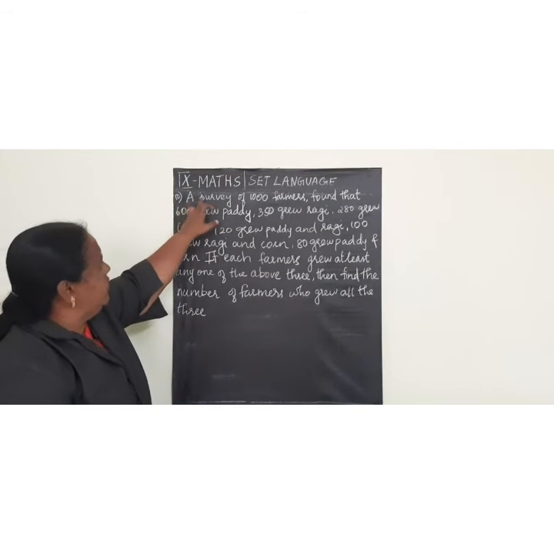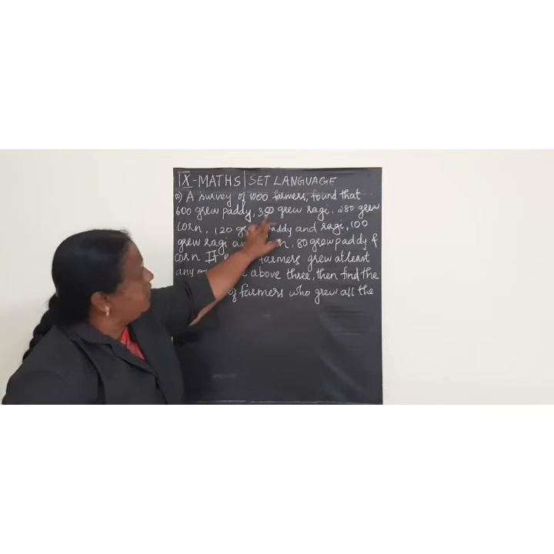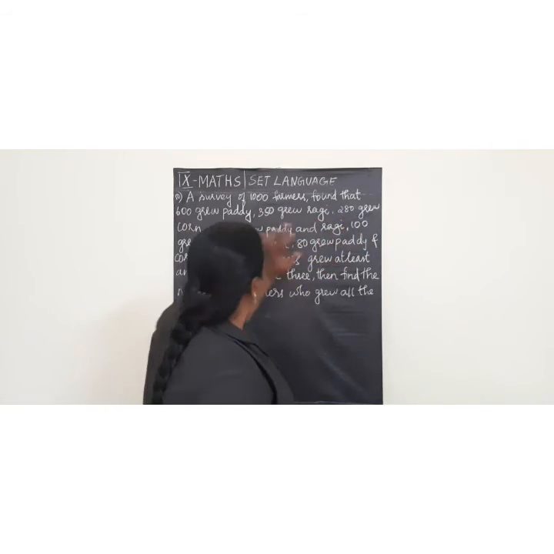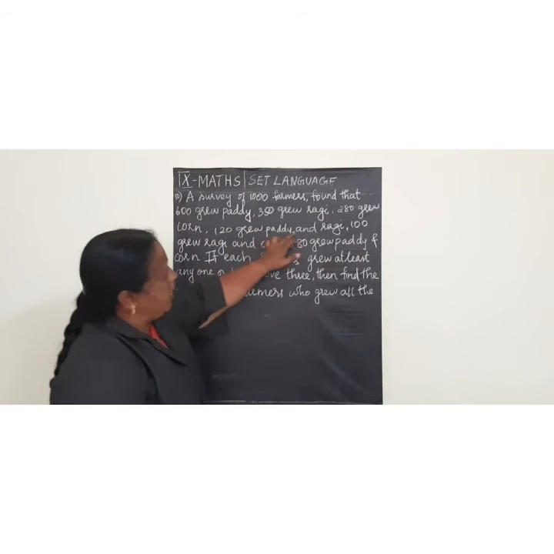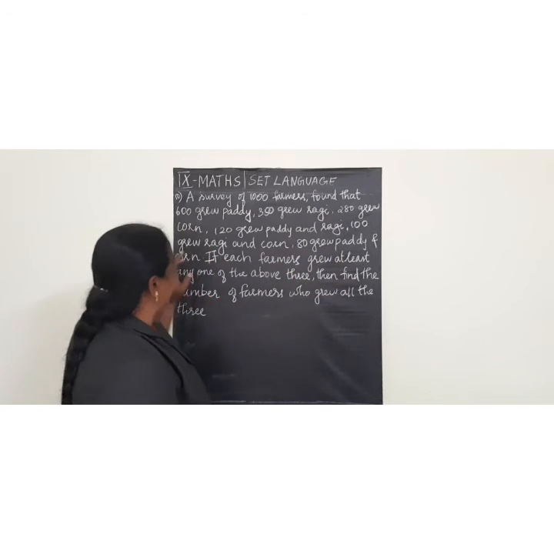Next question: a survey of 1000 farmers found that 600 grow paddy, 300 grow ragi, 280 grow corn, 120 grow paddy and ragi, 100 grow ragi and corn, and 80 grow paddy and corn.